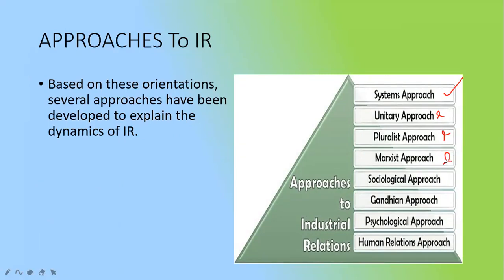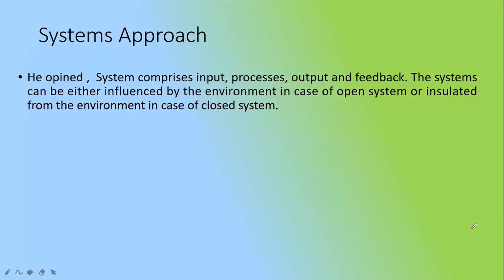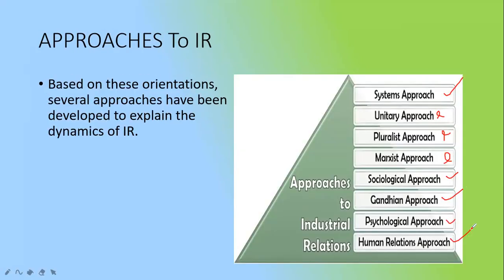These are the three most important approaches of industrial relations, and other approaches are the sociological approach, the Gandhian or trusteeship approach, the psychological approach, and the human relations approach. These are the various approaches of industrial relations.